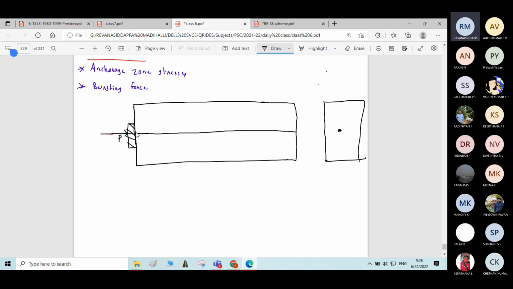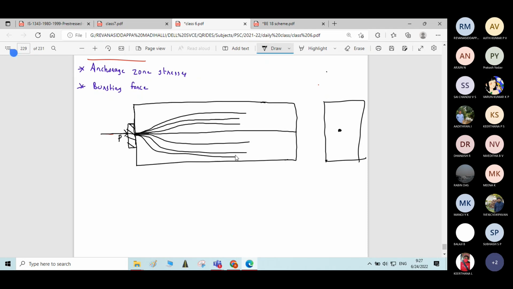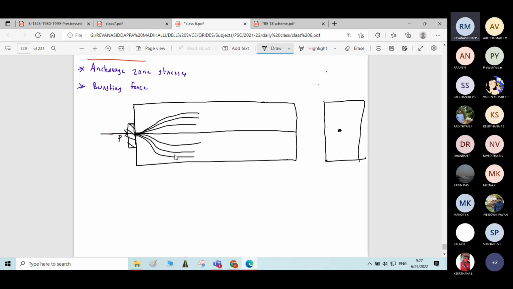Initially the stress distribution will be over a lower area like this, and then the longitudinal stresses will be generated in the member.